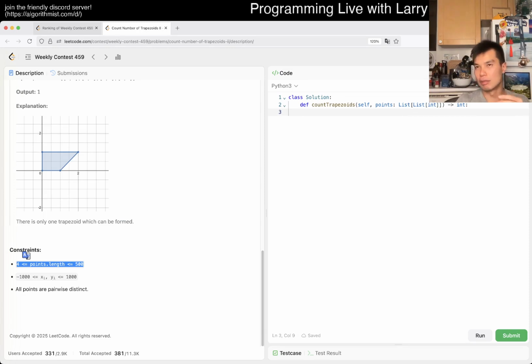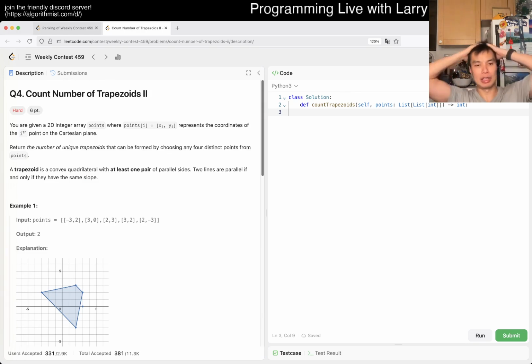500 n square log n. So for every 2 numbers, we have a hash. That's it, right? As long as they're not exact. Okay, so how do you define them?